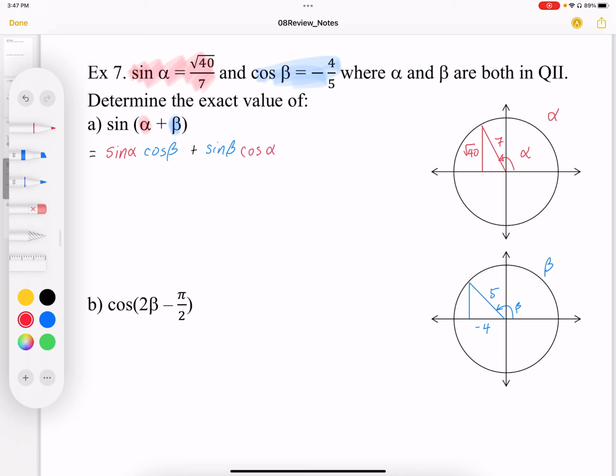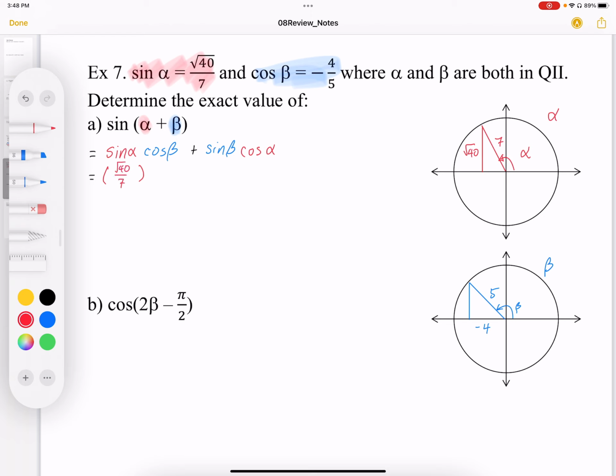Okay, so I don't have a picture for alpha plus beta, so I need to use this identity. And when I see sine alpha, now I have a picture for alpha, so I'm going to use that picture to find sine alpha. So I'm just going to replace that whole sine alpha with root 40 over 7.